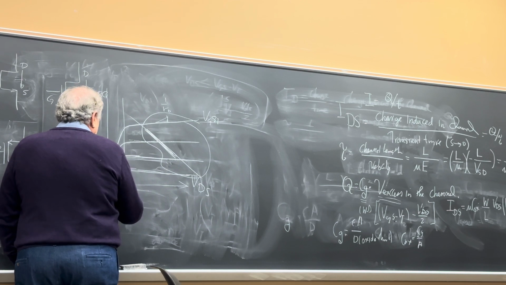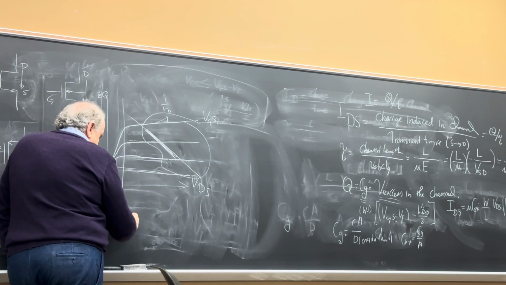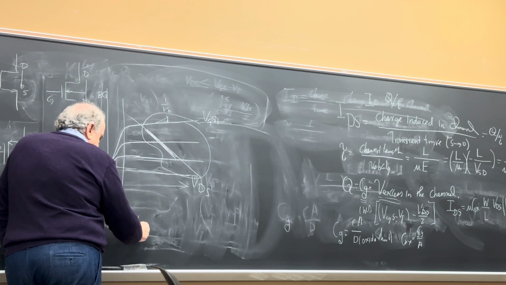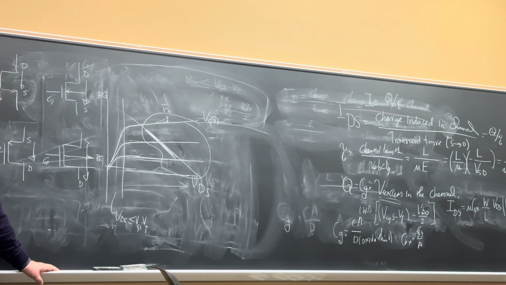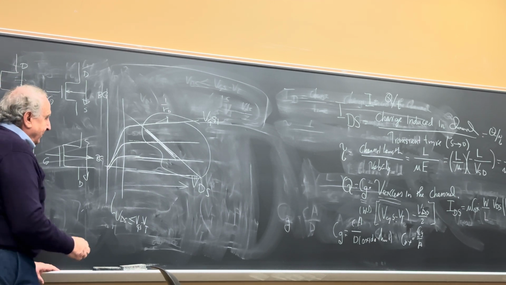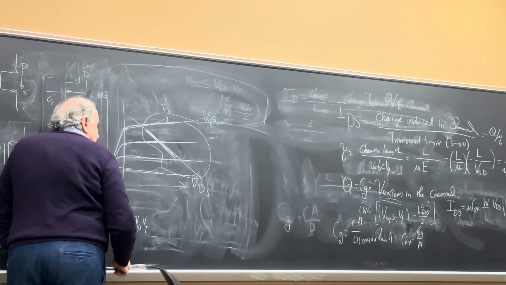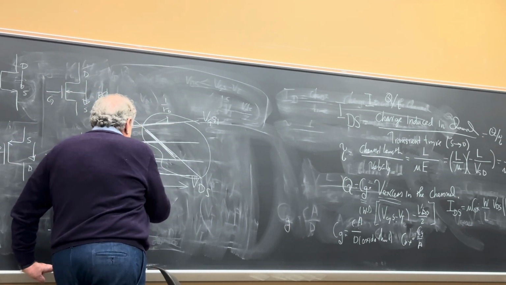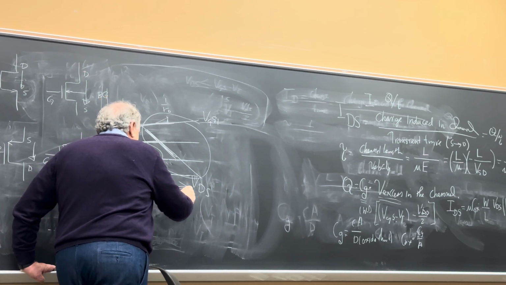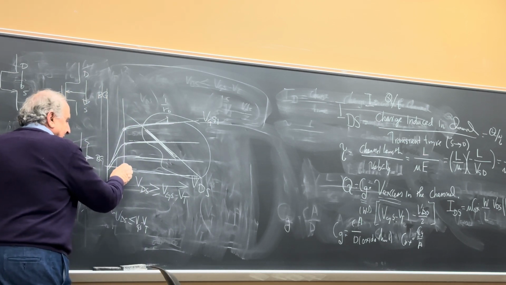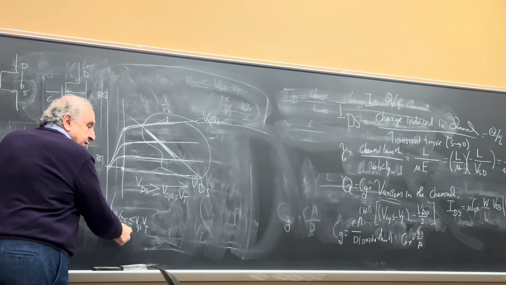This region is VDS less than or equal to VGS minus VT. That means we haven't formed the channel completely. The minute you form the channel, you end up here. Now you have the channel, and at this point VDS is greater than or equal to VGS minus VT. At the point between them, this is the equal sign.